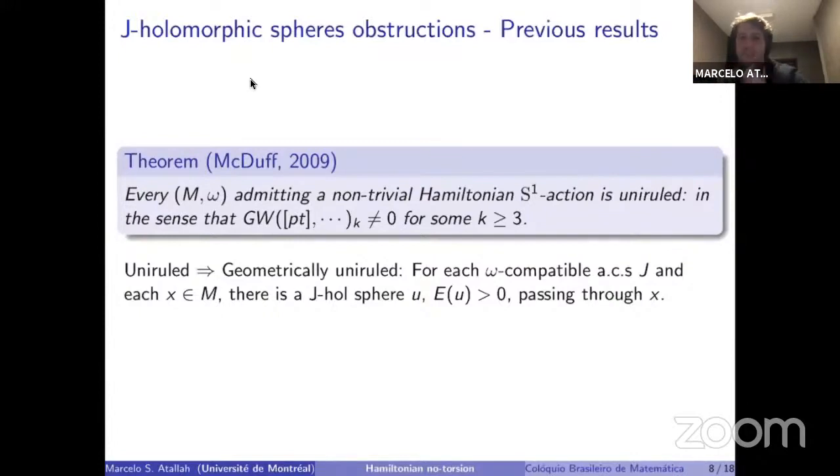And there's this general rule of thumb that what happens with Hamiltonian S1 actions, or even symplectic S1 actions, strongly indicates what might be true in the case of torsion. Though one needs to be a little bit careful with that idea, because there are examples of Hamiltonian torsion which do not embed into an S1 action. But in general, it works.